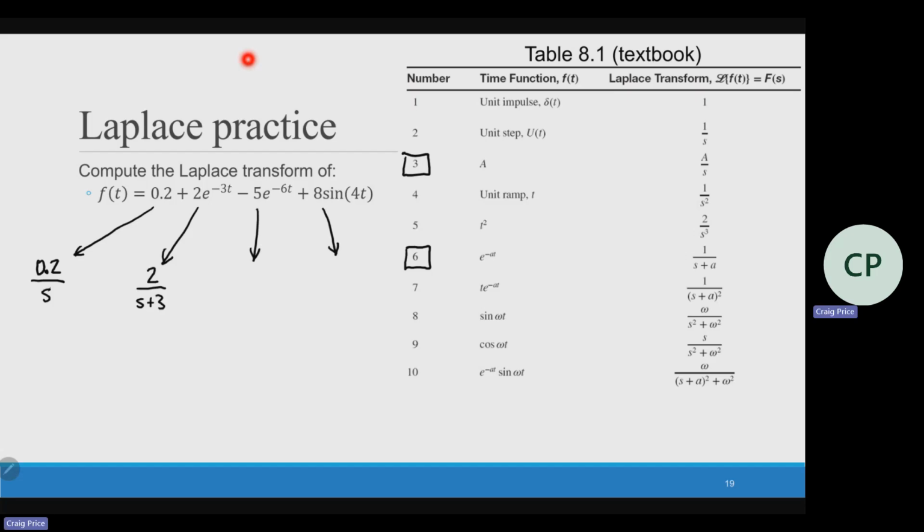Notice, in this line, we have an e to the negative at becomes an s plus a. Typically, our roots are negative. So if we have a negative 3, that becomes s plus 3, which means that if s was negative 3, that's my pole. That sets the denominator equal to 0. And this one's going to be negative 5 over s plus 6.